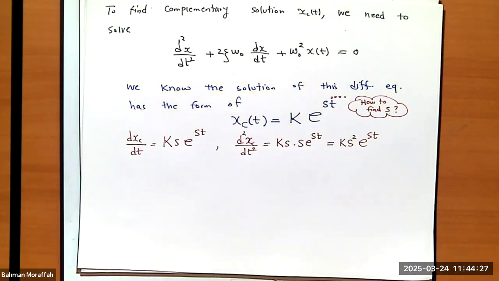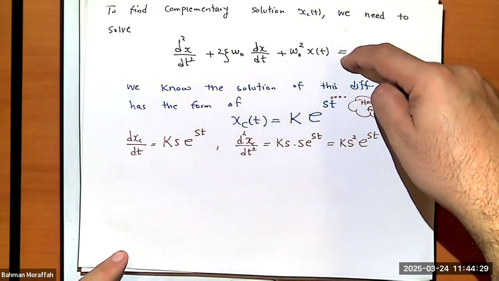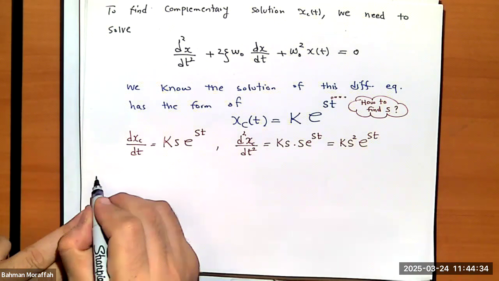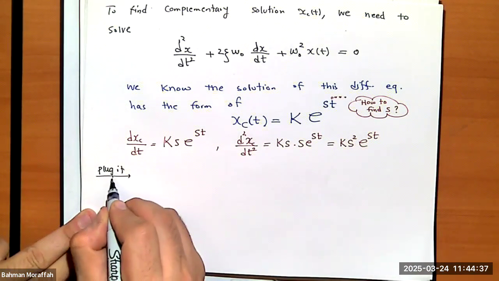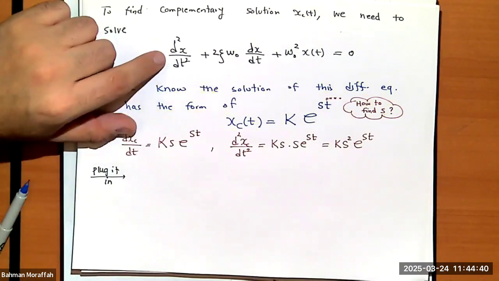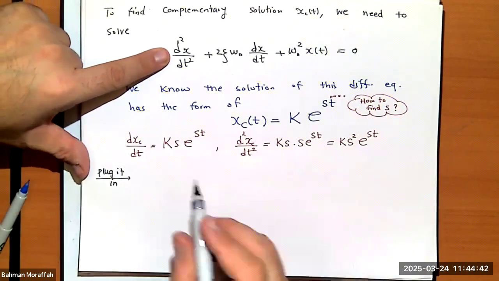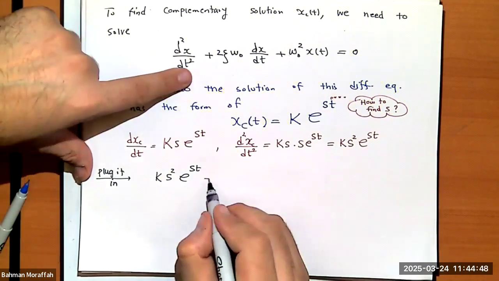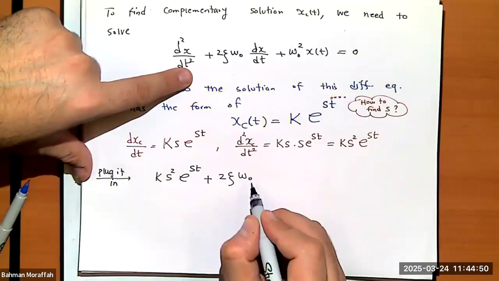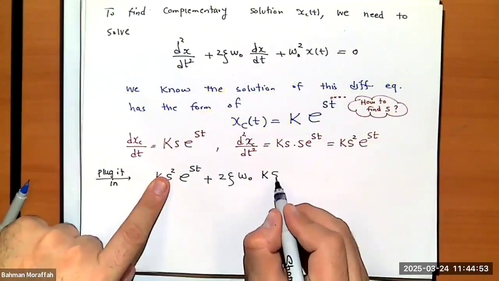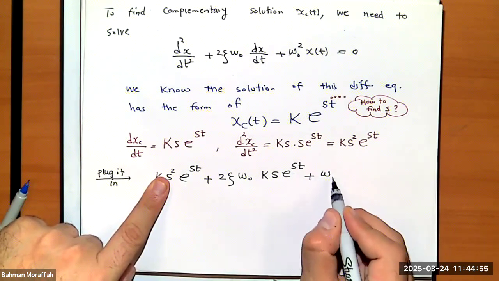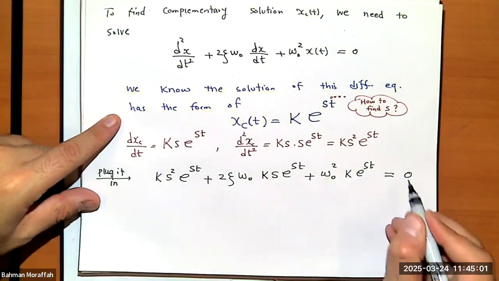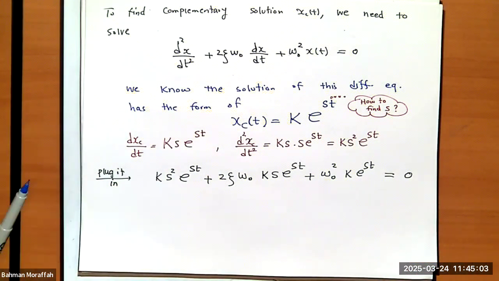And I know if I plug them in here, it should satisfy this equation. So let me quickly plug it in. I have the second order derivative, so I have k s squared e to the st, plus 2c omega naught times the first order, which is k s e to the st, plus omega naught squared times x, which is k e to the st. That must be 0, right?